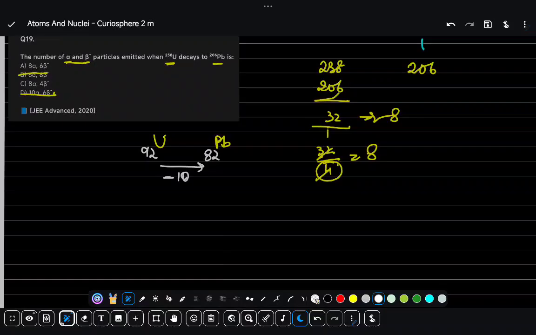Yeah, beta minus particles are electrons. But do you see it, guys? Actually, for a beta minus particle, the atomic number should increase by 1. But here it is decreasing. I think there's an ambiguity.